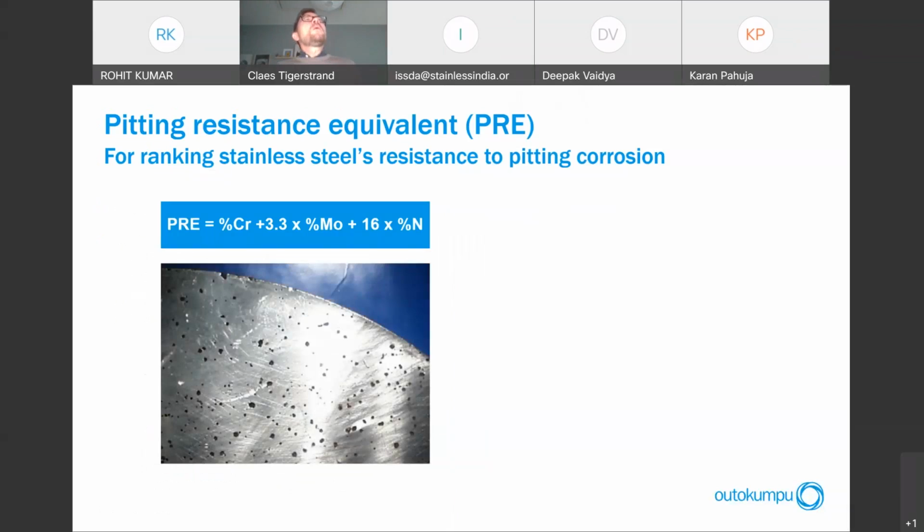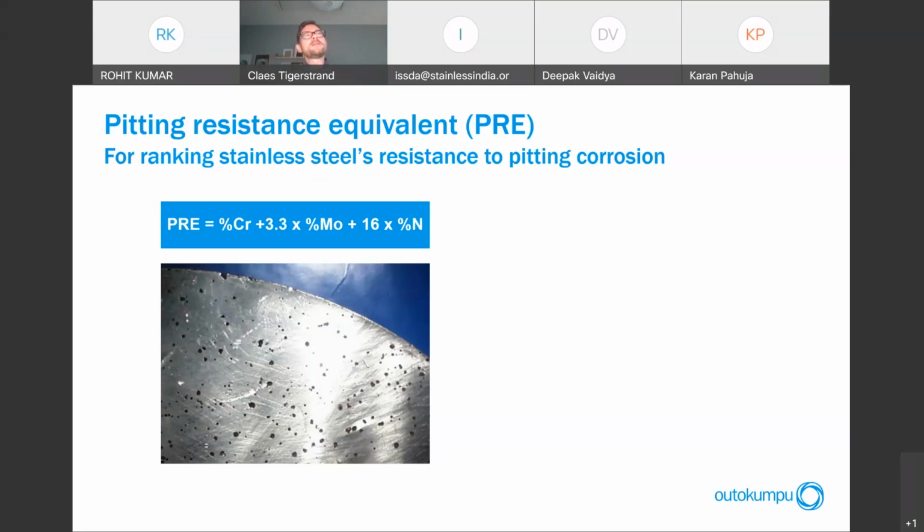So what we also mentioned in the introduction, we have something called the pitting resistance equivalent, the PRE number. This is a very good, theoretical way to rank different stainless steels' resistance to pitting corrosion. And the formula we are using for the PRE, there are a few different ones, but this is the most common one. There you can see which alloying element is beneficial to improve the resistance to pitting.